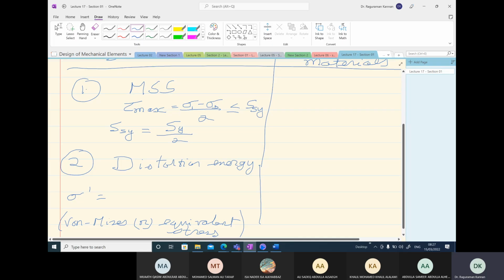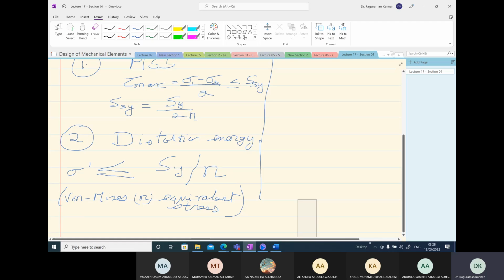Okay. So according to distortion energy theory, this von Mises stress must be less than or equal to SY. Okay. And of course, we can add a factor of safety n to the yield strength values in the maximum shear stress theory and von Mises theory.